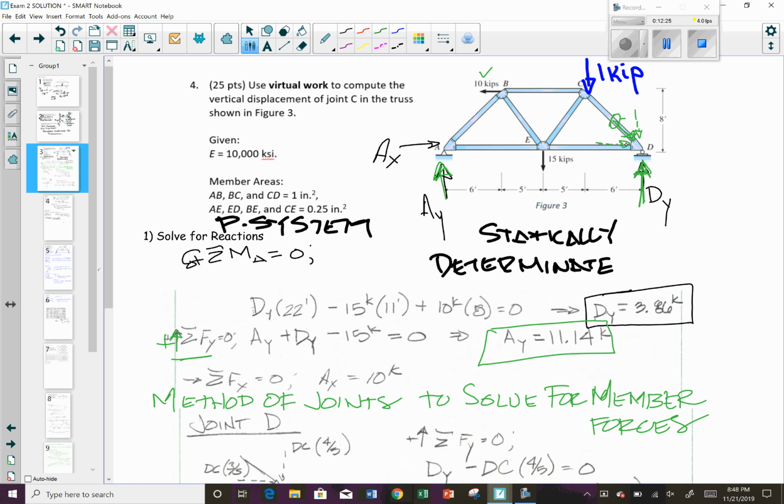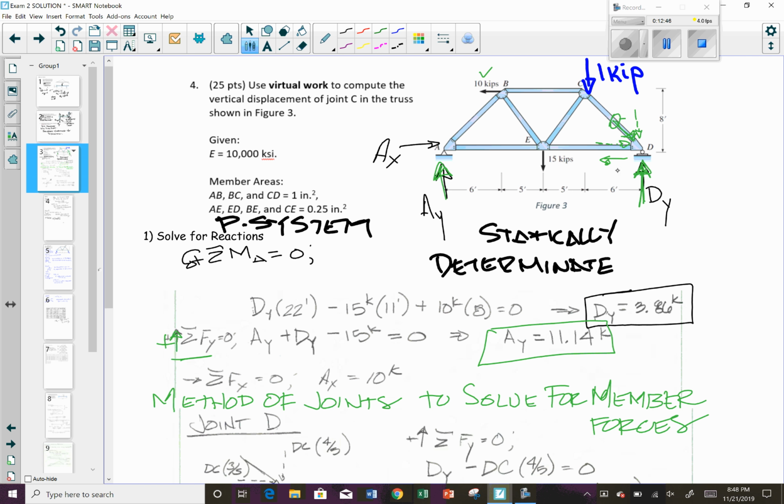So then if this one is going to be going in that direction, there's no reaction in this direction. That means that member DE is going to be acting in this direction. Okay? So DE is going in this direction. The component from CD is going in this direction. So those two are going to balance out.